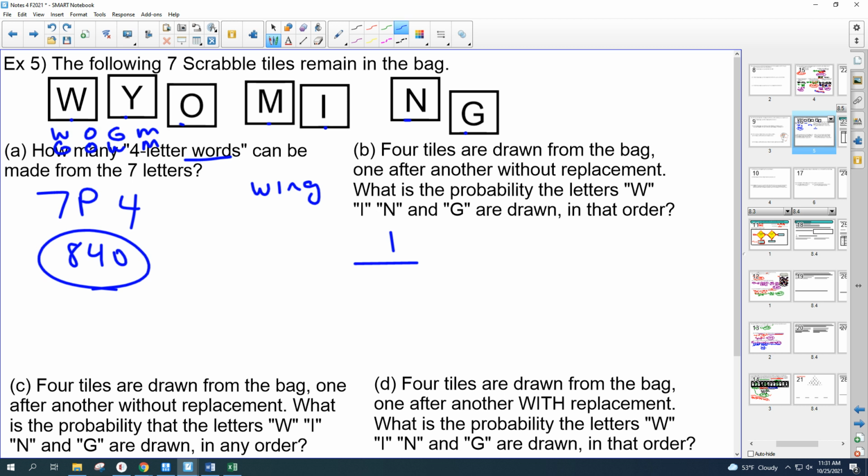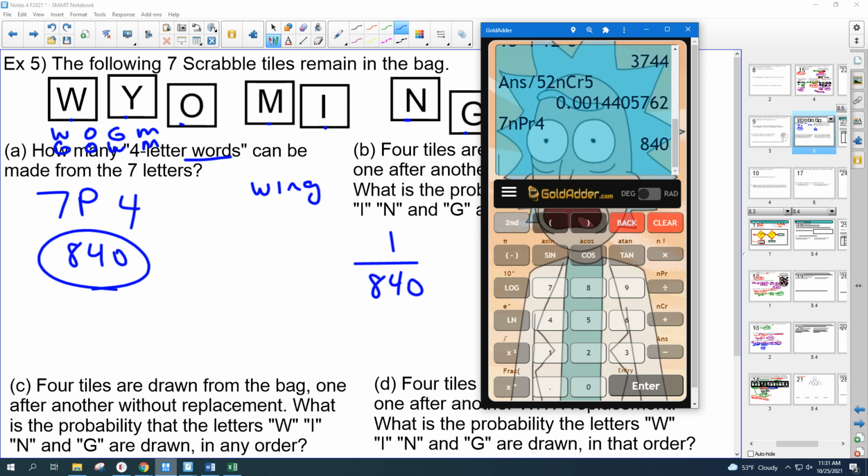It has to be in that order, okay? Has to be in that order. So it's just 1 out of the total. It's 1 out of 840. .00119.